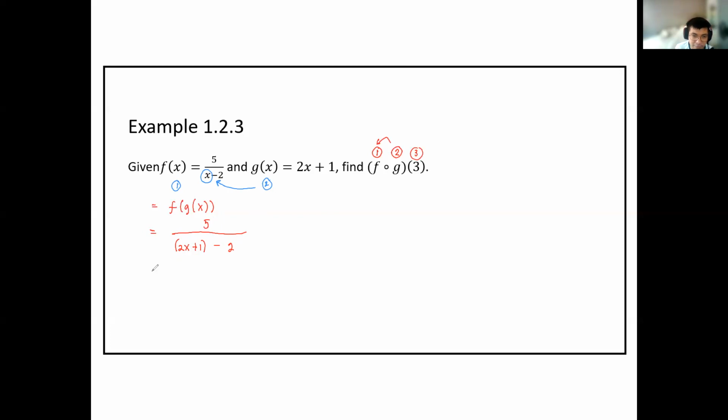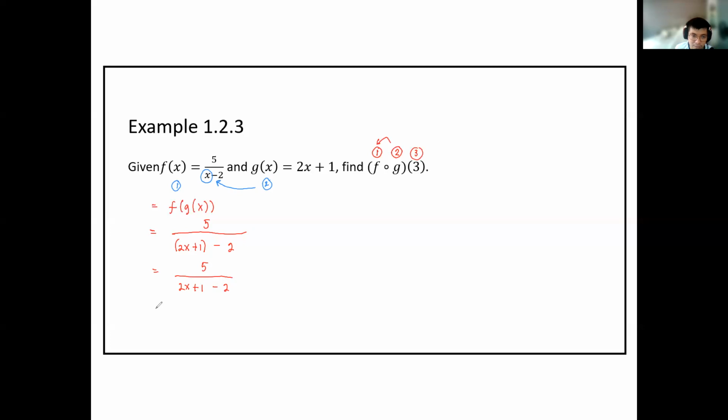Then simplifying further by removing the parentheses, because there's no other means of simplification. So 2x plus 1 and then minus 2. So 1 minus 2 would be minus 1.